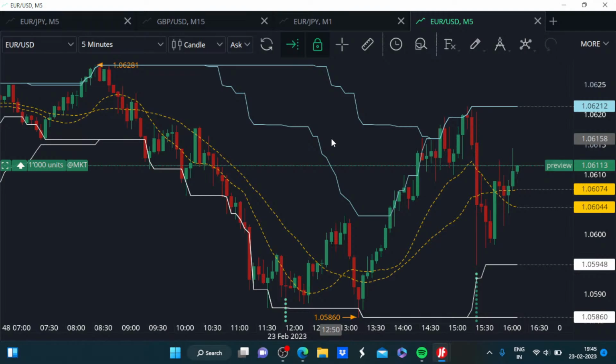All right, here we are getting it. So here is USDJPY. Let's consider other major currencies as well.